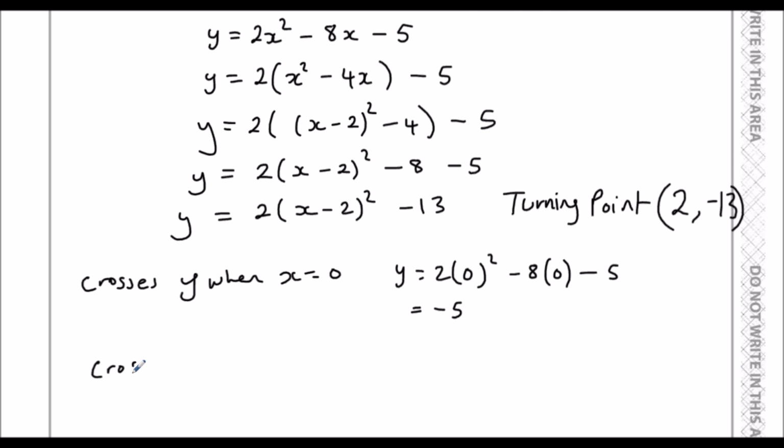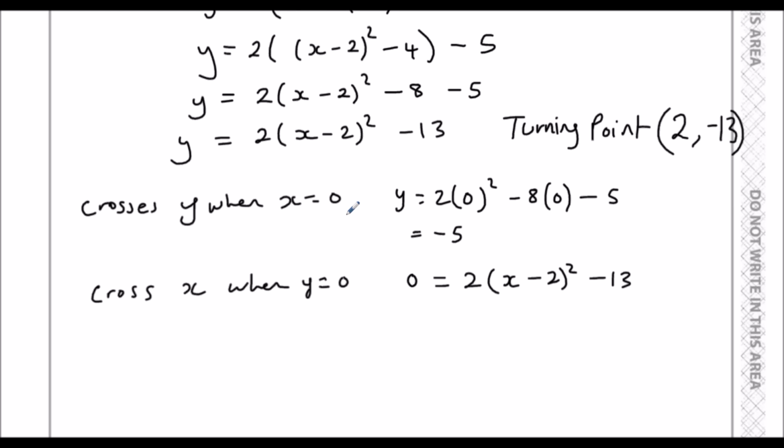And the graph will cross the x-axis when y equals 0. And if we use our completed the square version, we've got 0 equals 2 times x minus 2 squared minus 13. Then we can plus 13 to both sides. 13 equals 2 times x minus 2 squared. Divide both sides by 2. 13 over 2 equals x minus 2 squared.